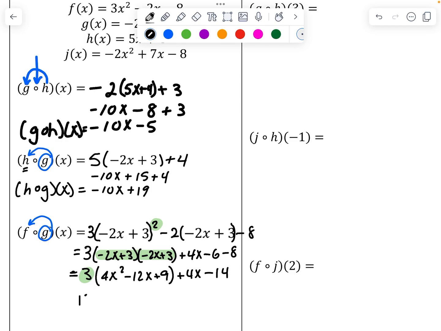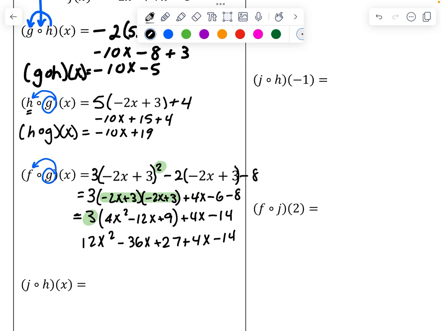So I'm going to have 12x squared minus 36x plus 27 plus 4x minus 14. Then I need to combine like terms. So I have 12x squared minus 32x plus 13. And so f composite g of x is equal to that.